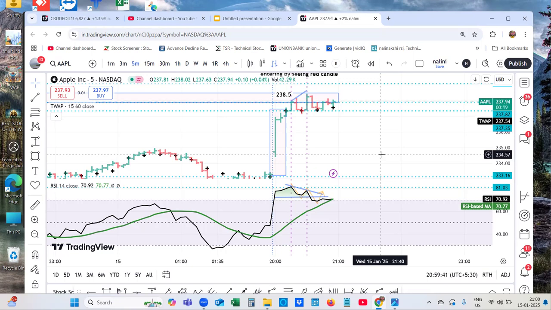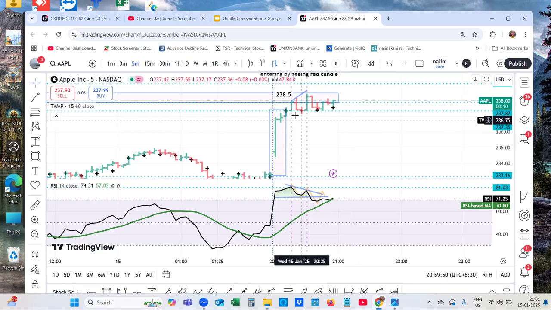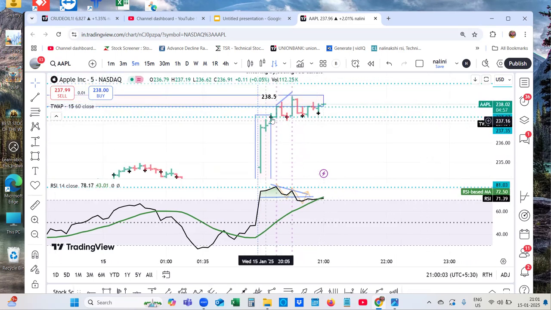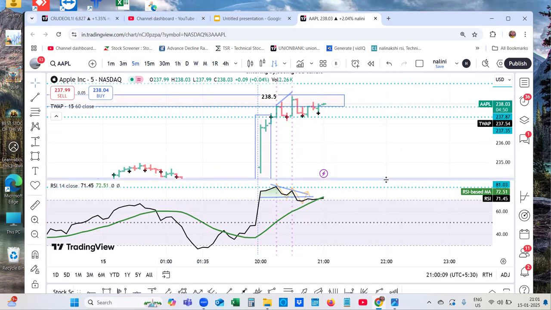RSI is showing divergence and TWAP, the average price, is plotting beneath the price here. The average price is not plotting near the close of this candle. It is plotting near the low of this candle. Still, there is strength. Okay.